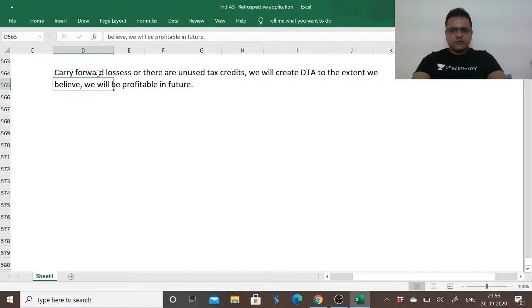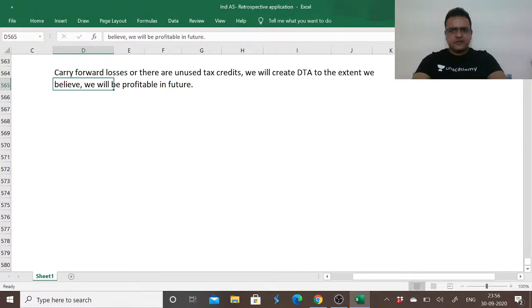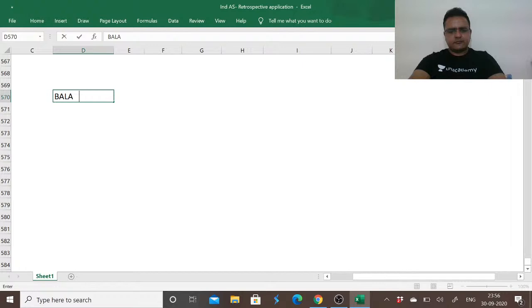We'll carry forward losses, or if there are unused tax credits, we'll create DTA to the extent we believe we will be profitable in future. This is how we'll deal with the balance sheet approach under Ind AS 12 income taxes.